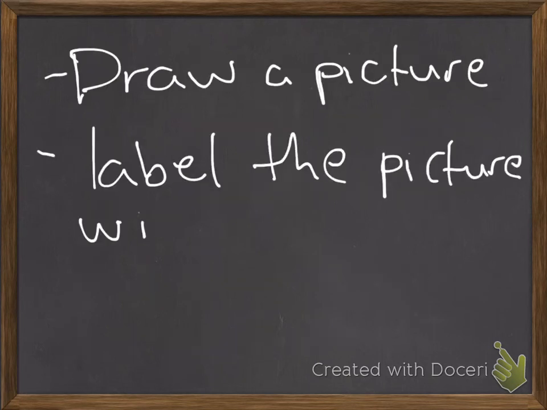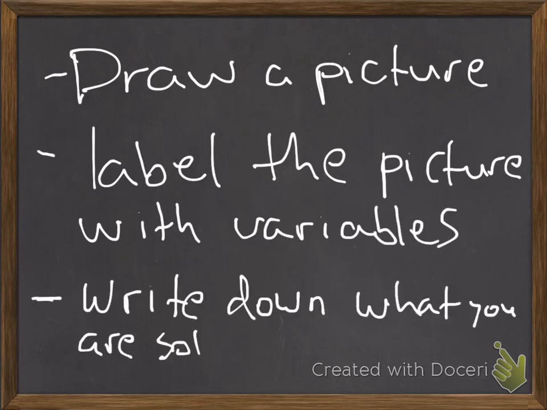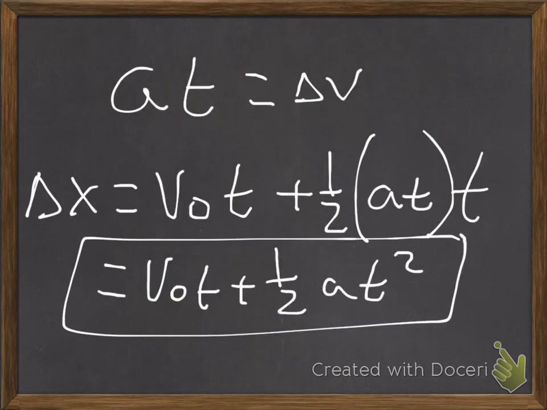A good way to practice doing these, which you'll have more time in class to do, is to draw a picture, so that way we get a sense of what's happening. We want to label the picture with variables. So like in my example, let's go back to the picture here.